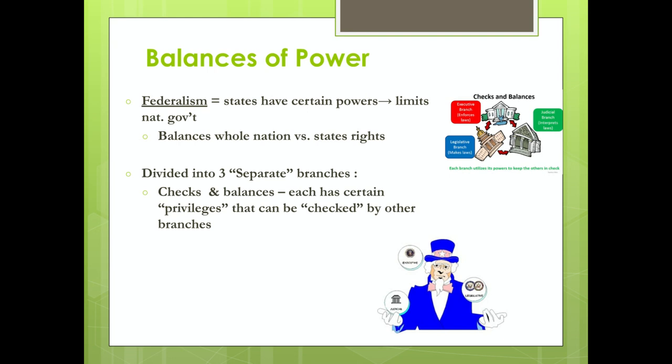So the legislative branch, the executive branch, and the judicial branch can all check each other and make sure that each one of those branches is abiding by the rules set up by the Constitution. This also ensures that no one branch has more power than the other. So they have to answer to each other. And we're seeing that play out even today in some of the things that have gone on recently.